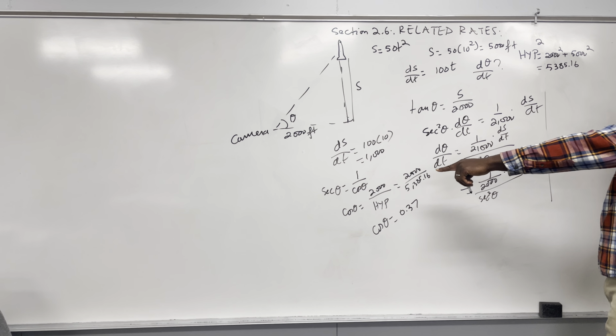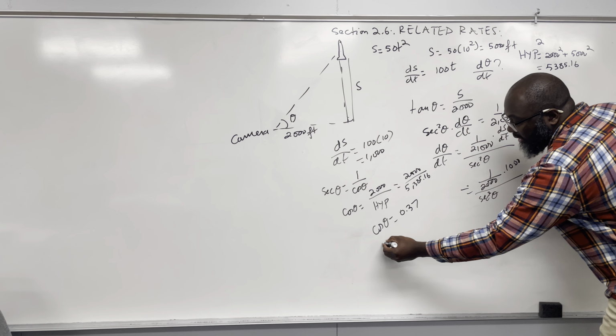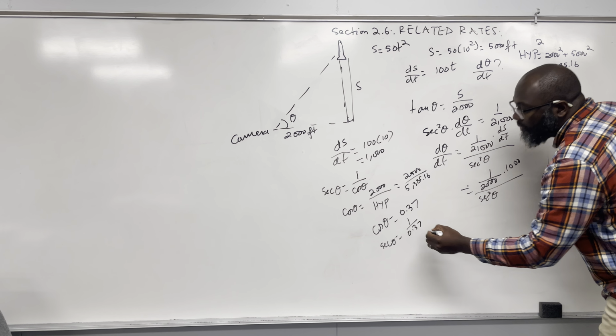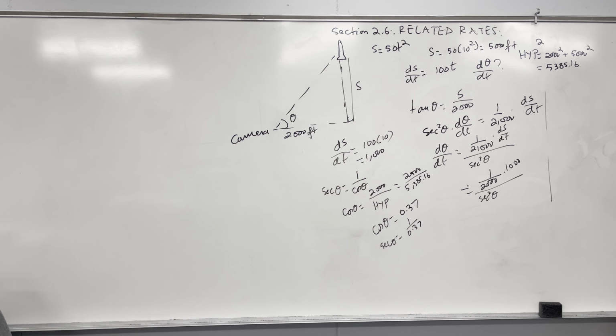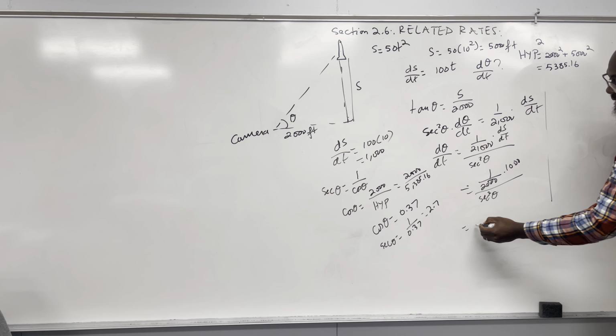But we're looking for a secant. So secant will just be taking the inverse of this. So secant of theta will be 1 over 0.37. What's that going to give you? 2.7. And now we just go back here and replace stuff.